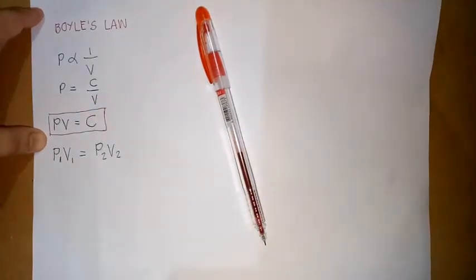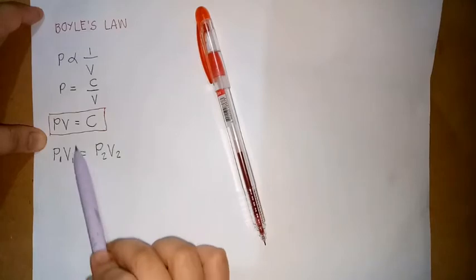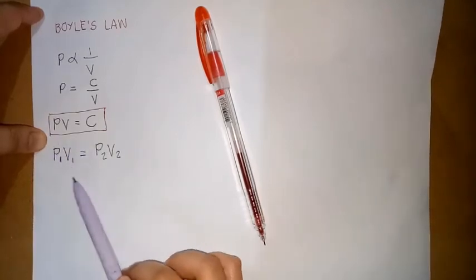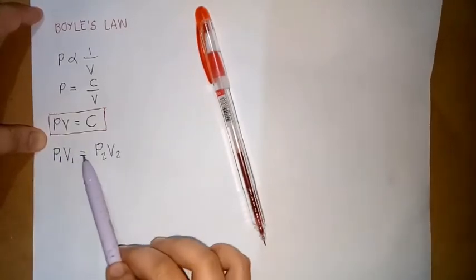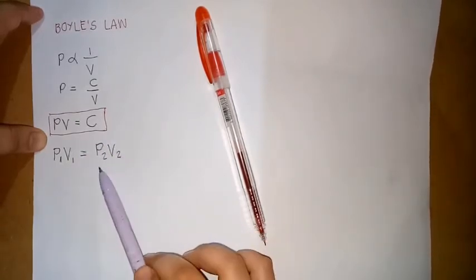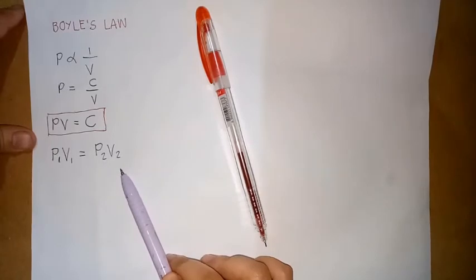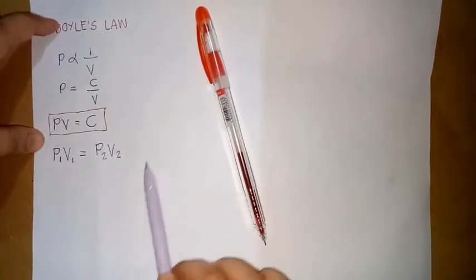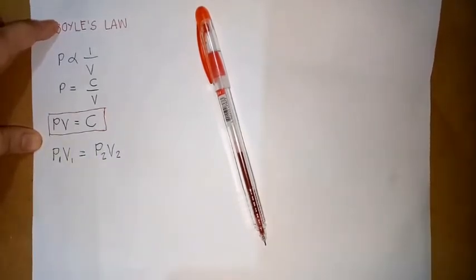Or P1V1 is equal to P2V2, the product of the initial pressure and the initial volume of a gas is equivalent to the product of the final pressure and the final volume of the gas. So, this is our working equation. P1V1 is equal to P2V2.